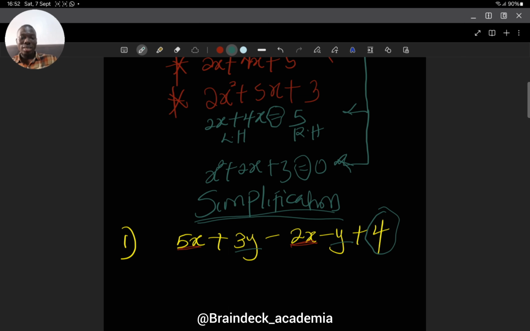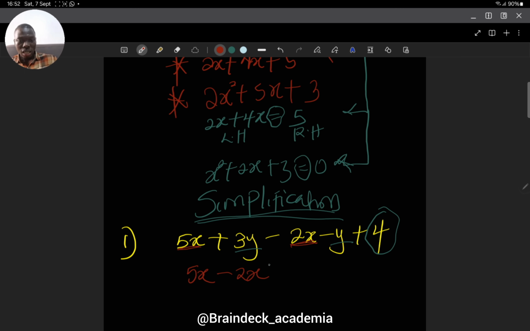So looking at this now, I rearrange it. This will now be 5x minus the 2x. Remember, you can see that I am picking the number with their sign, so it's minus 2x.